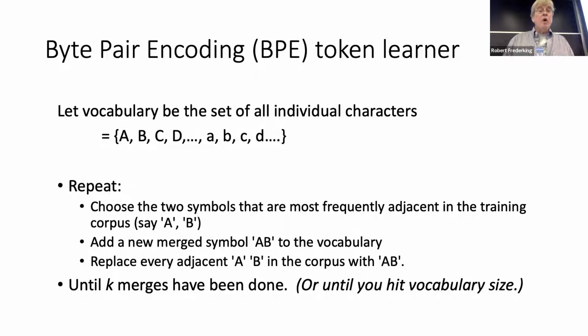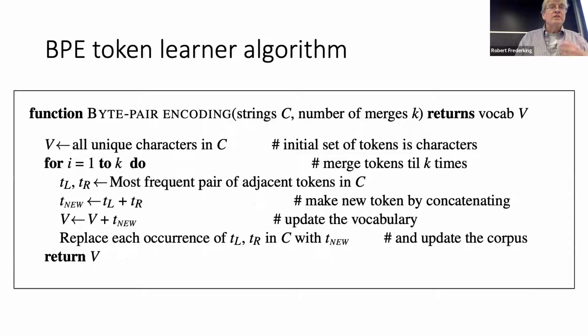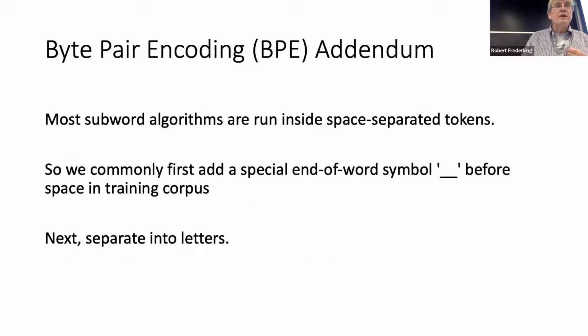And then you go through your corpus and you replace every AB in the corpus with the new symbol. And then you repeat. You start out with just the vocabulary of the characters, and you create new vocabulary items until you hit whatever maximum vocabulary size you would like to have. And this is just the algorithm written as an algorithm.